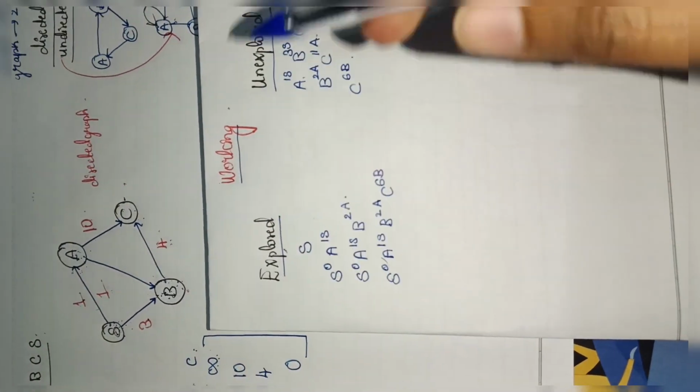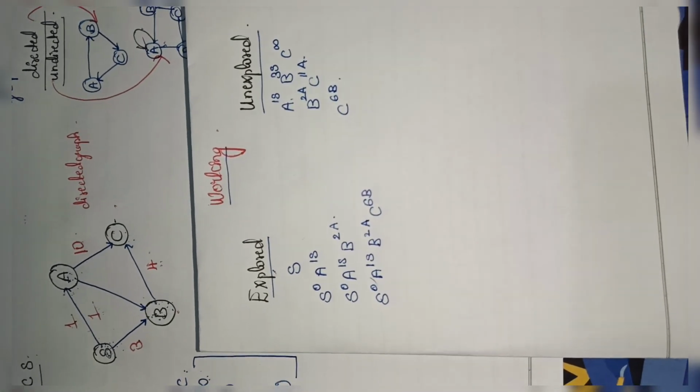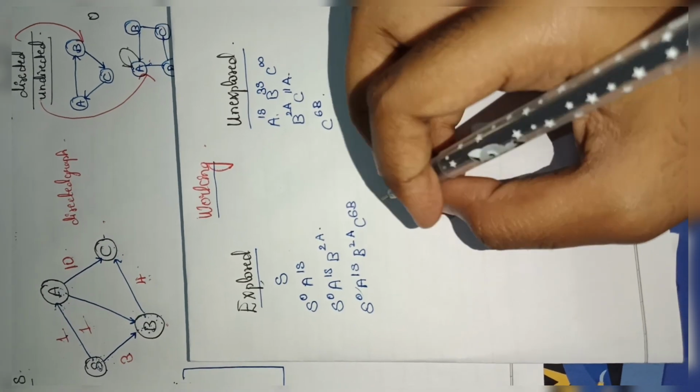So now for this working, we'll draw a graph. Basically we'll write the nodes as they are.